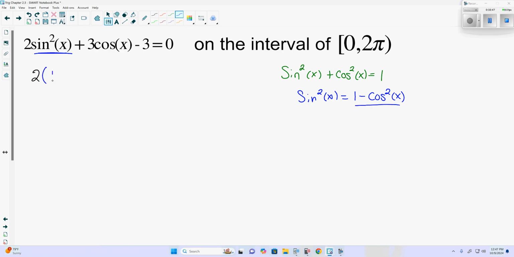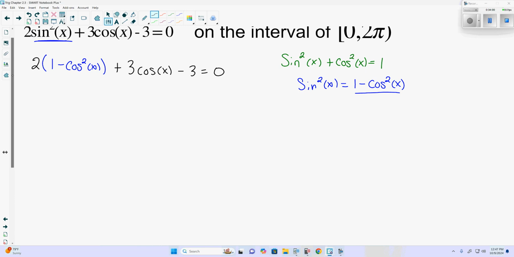Yes, I can replace it with 1 minus cosine squared of x, because now we've taken it from an equation that had sine and cosine to an equation that just has cosine.